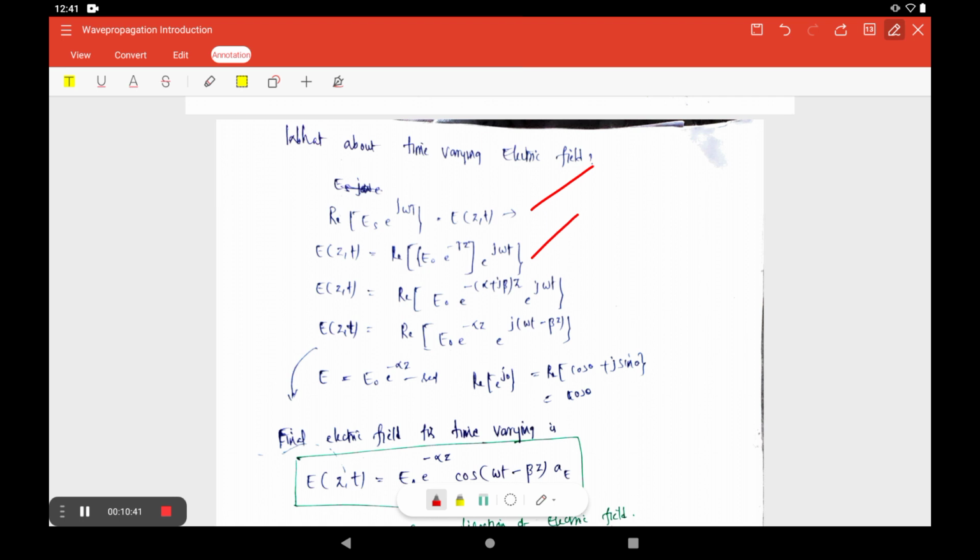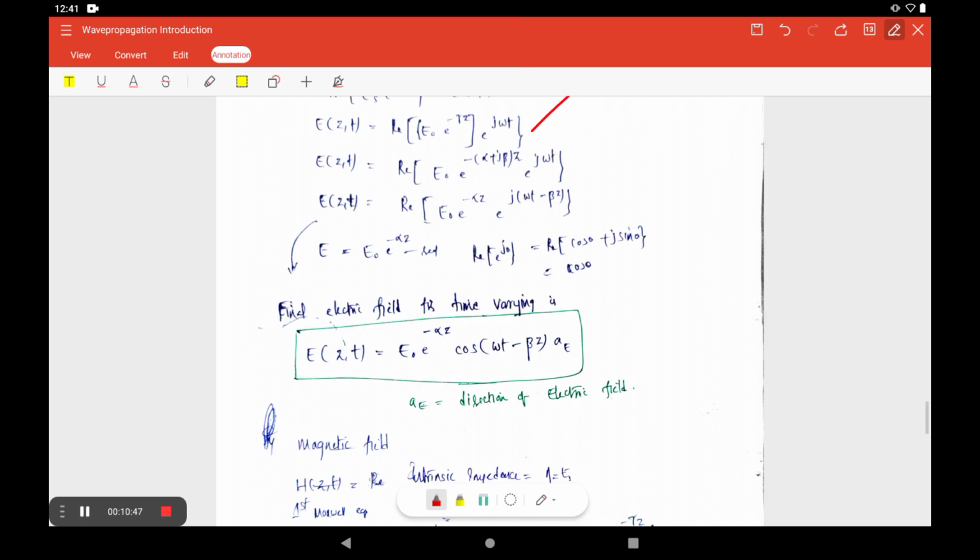By substituting these values, with gamma represented in the form of alpha plus j beta, after some simplification you will get a standard equation like this. After expanding this, e power j theta is equal to cos theta plus j sin theta.